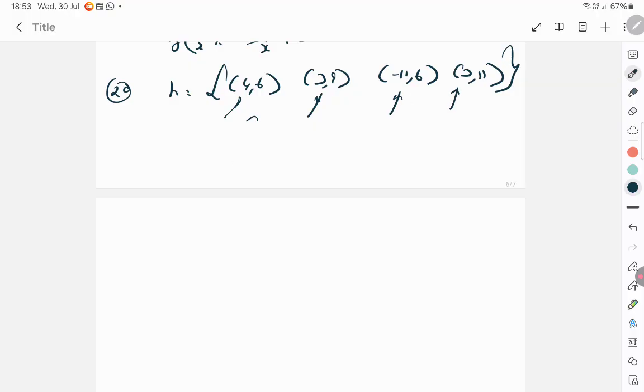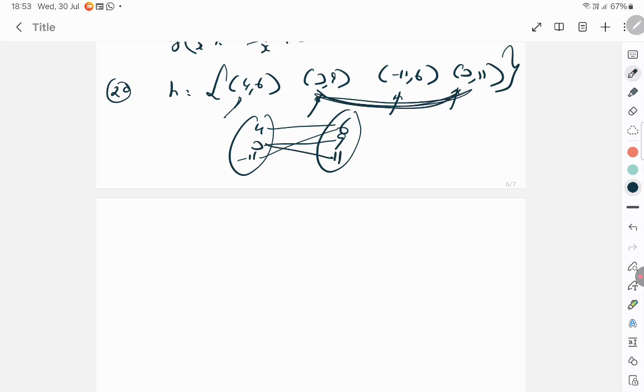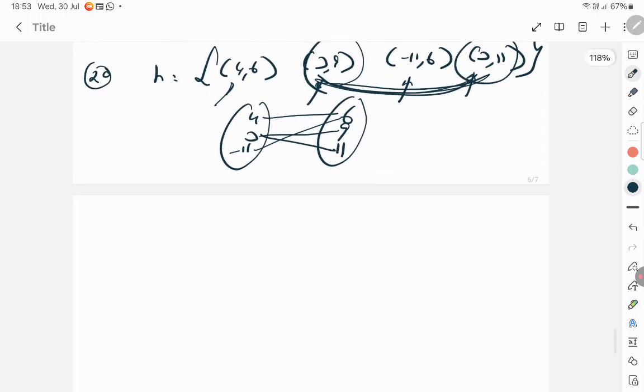Correct? 4 is getting mapped to 6. 3 is getting mapped to 9. Minus 11 is getting mapped to 6. 3 is getting mapped to 11. 3 is occurring twice. If the first element of the ordered pair is occurring twice, it is not a function. It is not a function. It's only a relation. 3 is occurring twice.